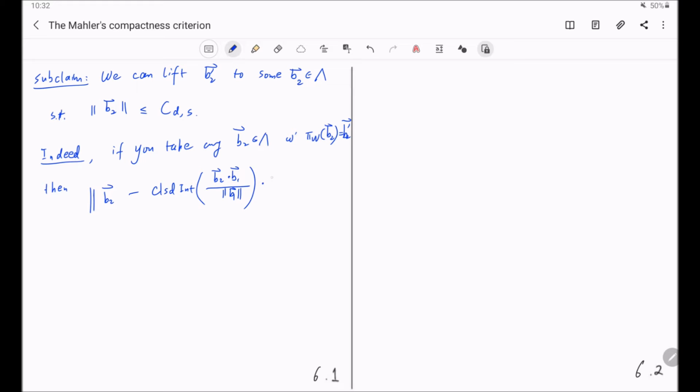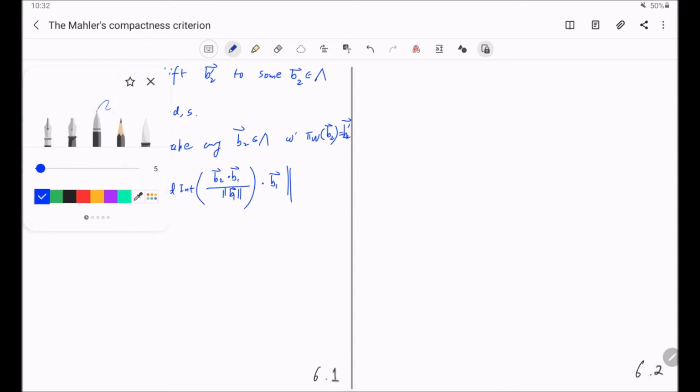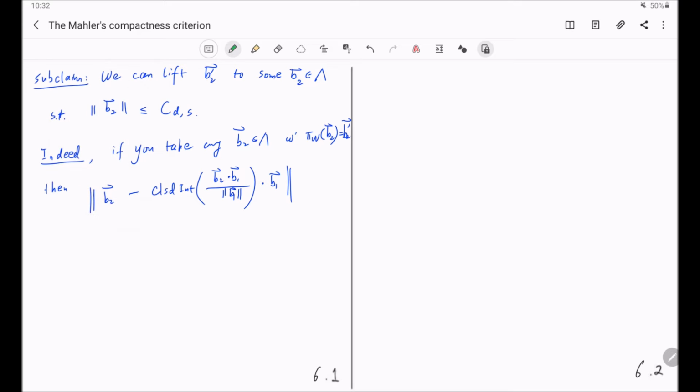The scalar multiple of B1, you consider this thing. And this lives in lambda, and its projection onto lambda w is still B2 prime. And we will show that this is exactly what we want.